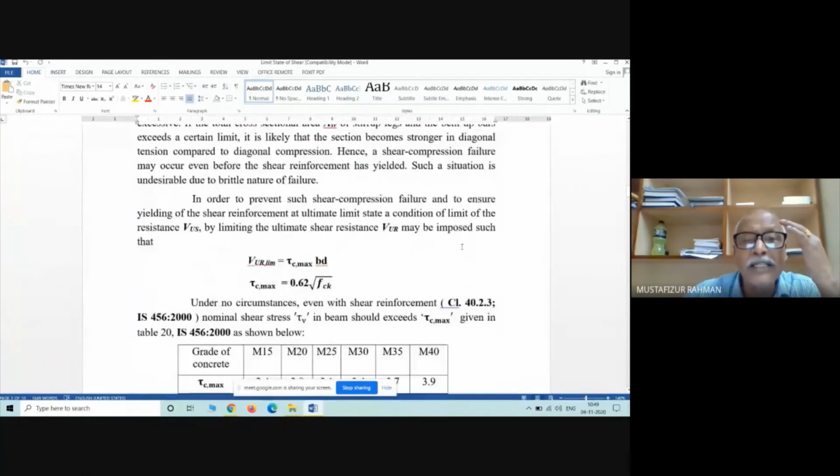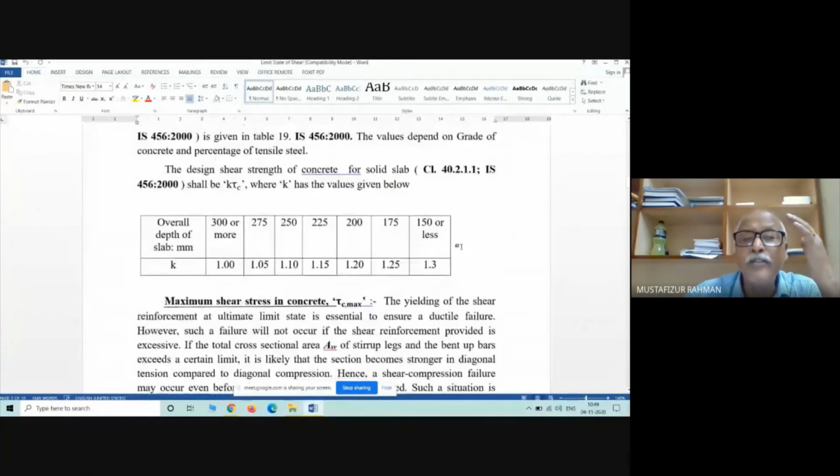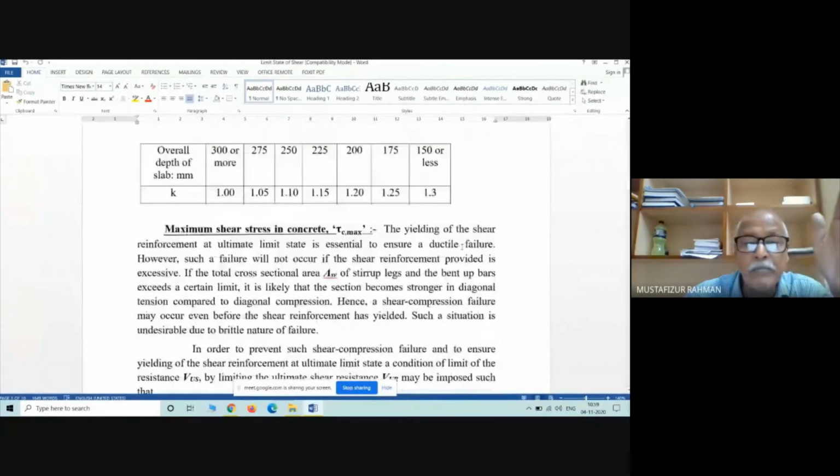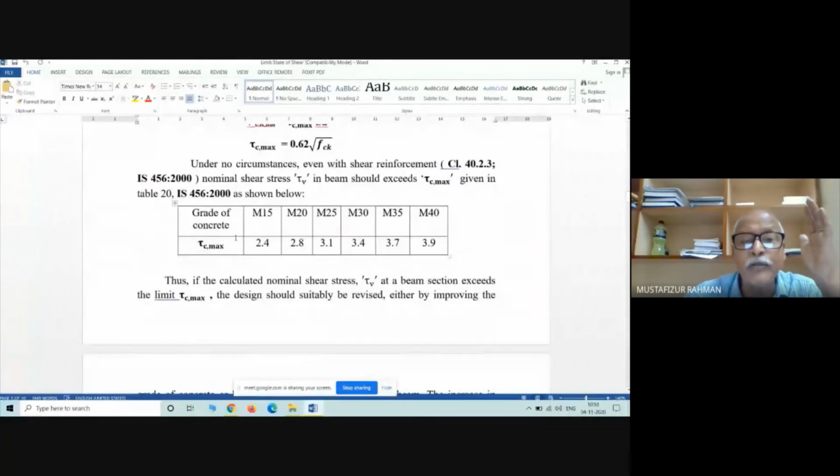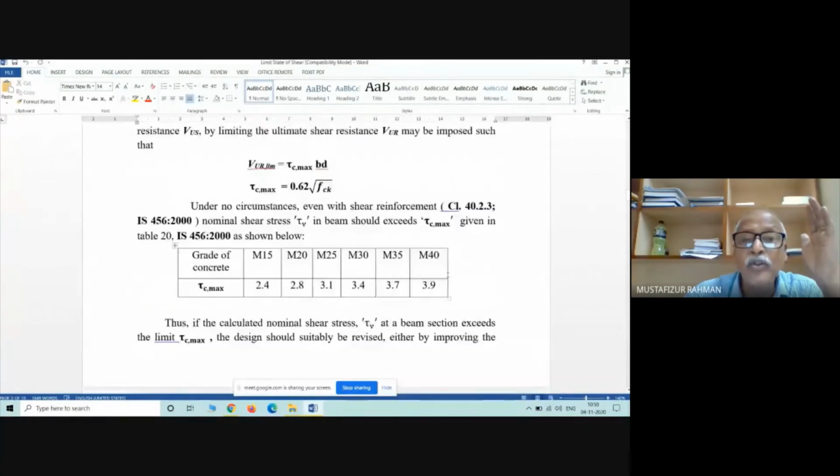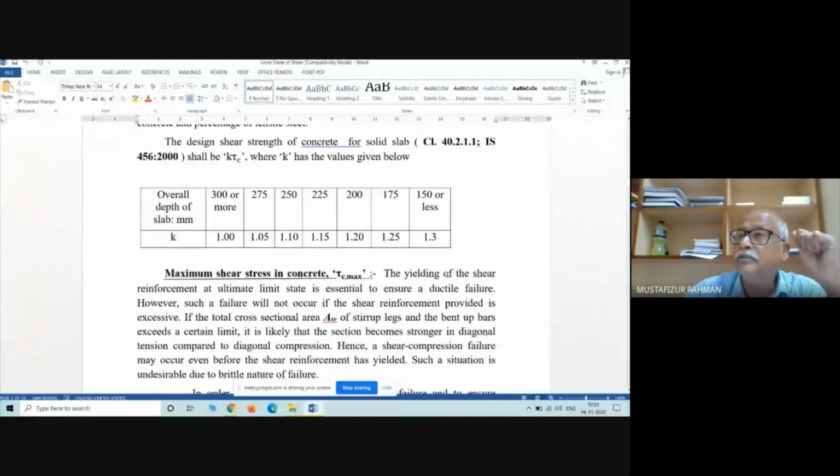That means if tau V is greater than tau C but less than this value, we can come to the conclusion that with shear reinforcement, without changing the dimensions or the amount of steel, we will be able to design it.